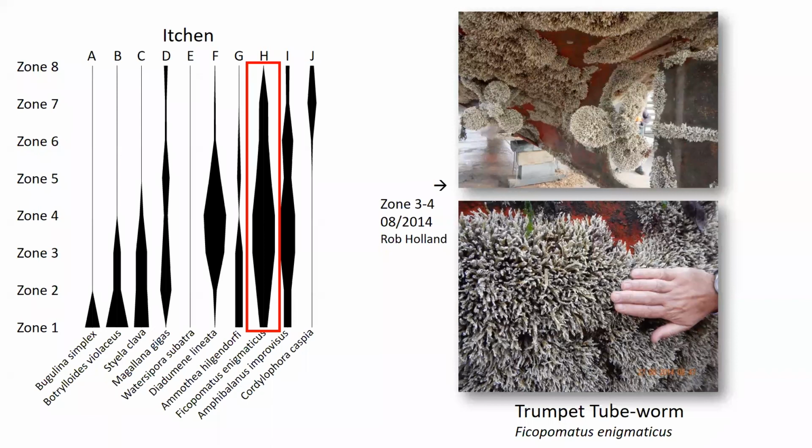And this incrustation of the hull and the propellers was really thick, several centimeters certainly, and this species can jam propellers, with very rapid growth actually, if they're left unattended for a reasonably long period of time. And so this is very much a feature of the Itchen, this really problematic incrustation by trumpet tube worm in the middle part of the estuary.